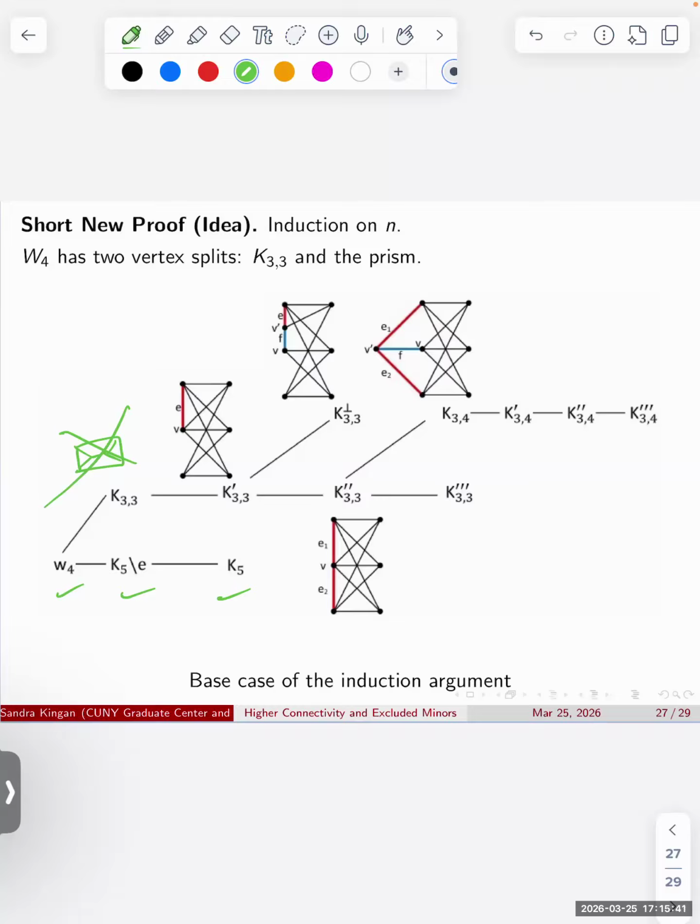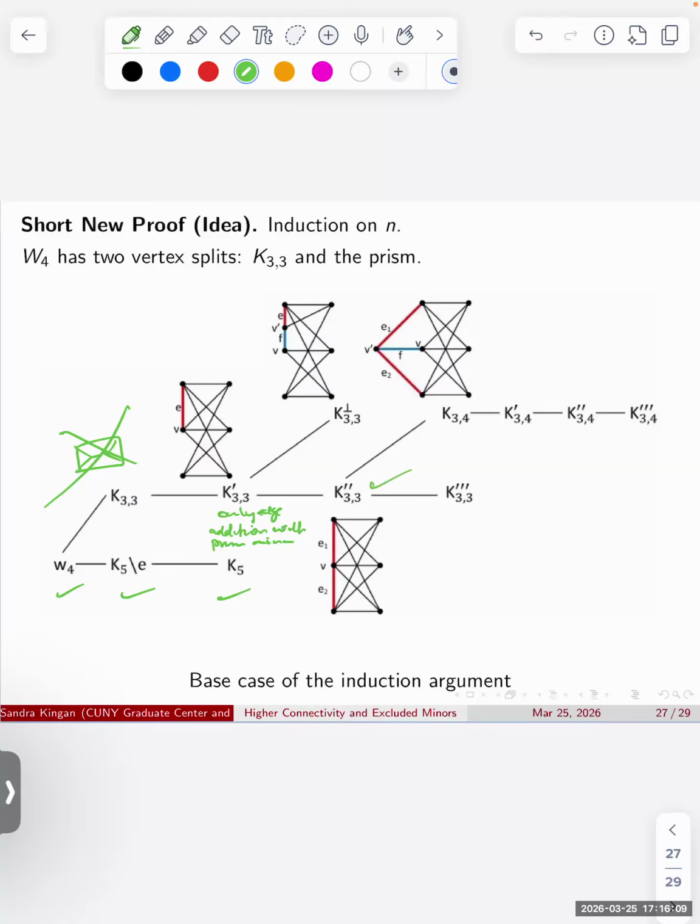So you have to take K33 and grow it and hope you can find a pattern soon, which you can over here. So when you look at the edge additions of K33, this is the only edge addition without prism minor.